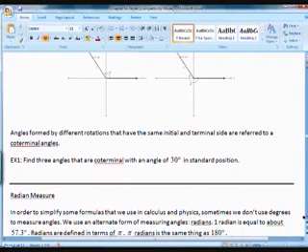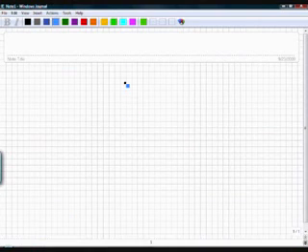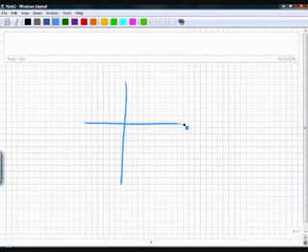Angles formed by different rotations that have the same initial and terminal side are referred to as coterminal angles. Let me explain, first off, angles in general. If I have an initial side along the positive x-axis and rotate up to the y-axis, that's a 90-degree angle, a positive angle.